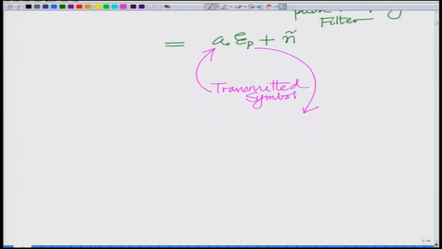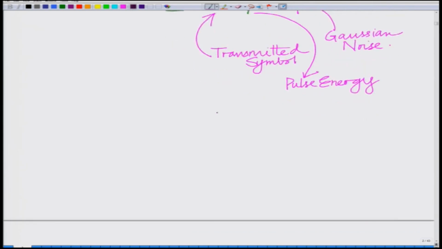This is the pulse, let me simply write this as the pulse energy. n tilde is Gaussian noise, and remember, we have also seen n tilde.